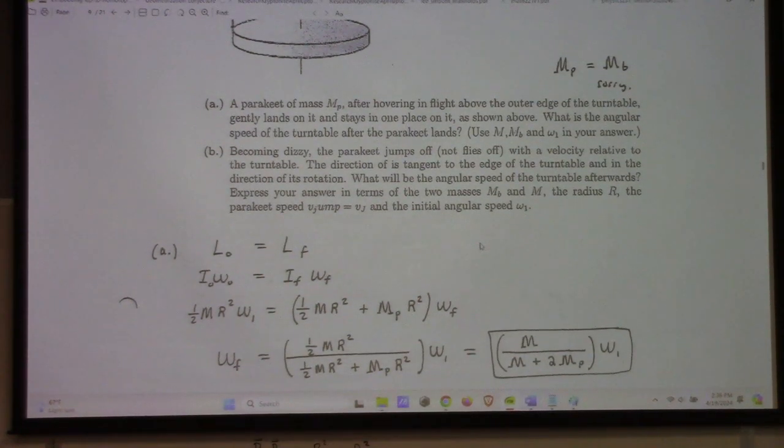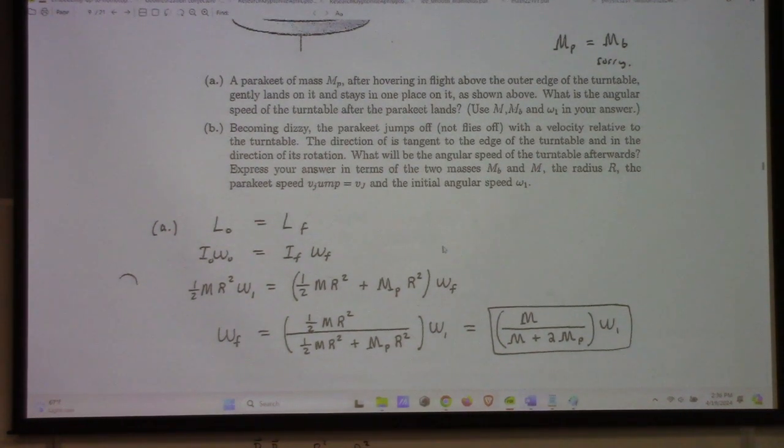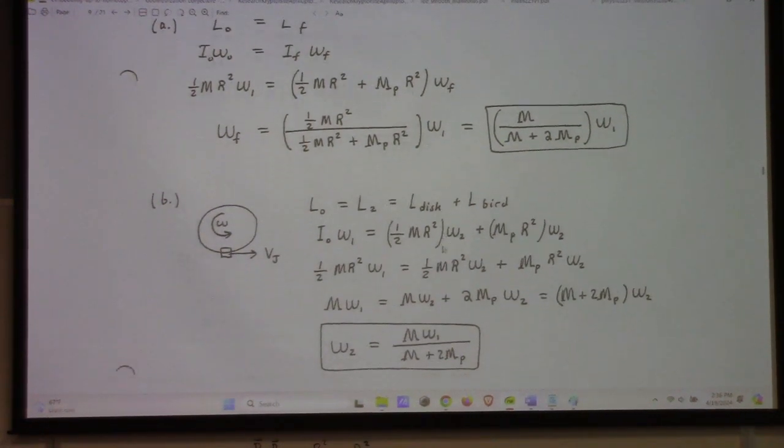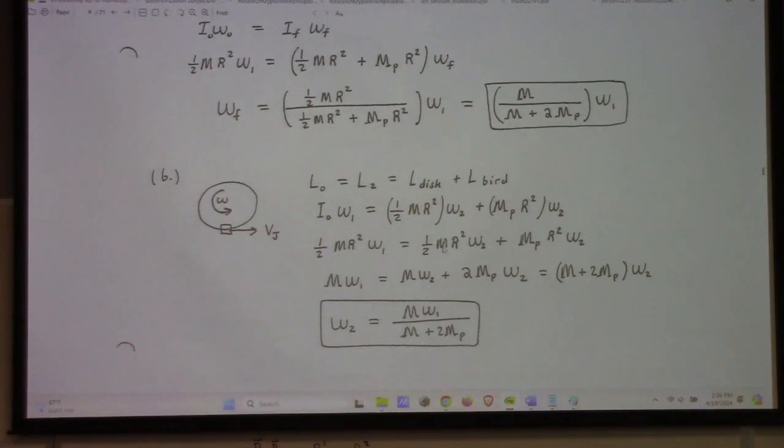Then part B, becoming dizzy, the parakeet jumps off with a velocity relative to the turntable in the direction of its rotation. In some sense that should mean it's going to slow the turntable down, right? It's going to push off of it in that direction, which means it's going to push the turntable back.